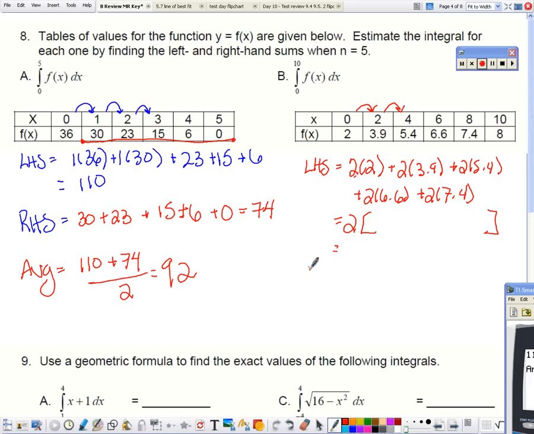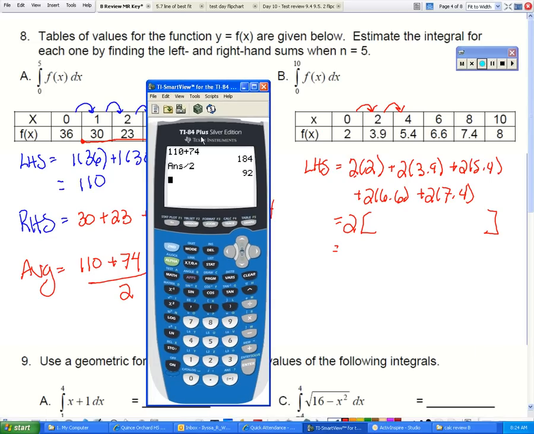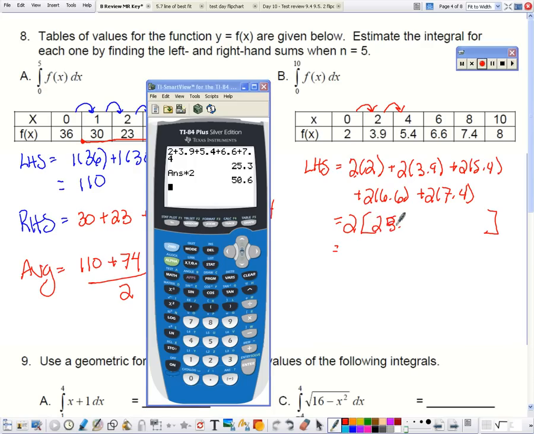So adding all of those up, we got 2 plus 3.9 plus 5.4 plus 6.6 plus 7.4, times 2, and that is 50.6.